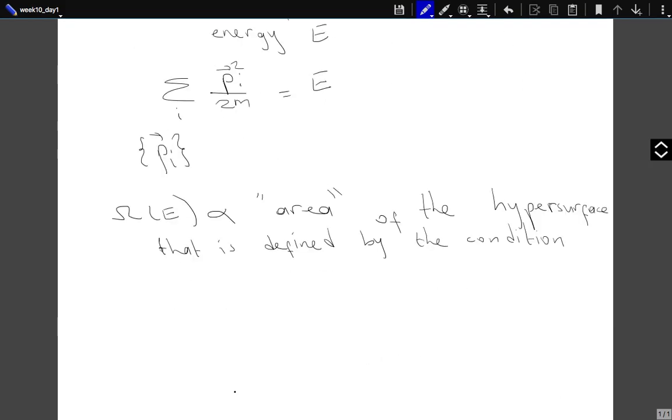Essentially, the number of points is proportional to this hyper area. Well, it's basically some kind of a volume.